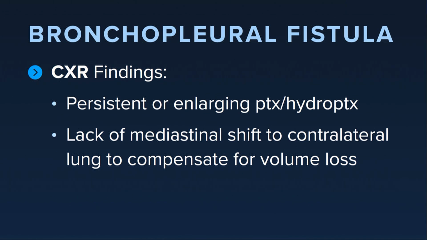On chest x-ray, you see persistent or enlarging pneumothorax or hydropneumothorax, and often there's going to be a lack of mediastinal shift. So normally when you resect a portion of the lung, there's going to be compensatory hyperexpansion of the residual portion of that lung, and even a component of mediastinal shift to compensate for the loss of volume, which you won't necessarily see with an ongoing air leak or bronchopleural fistula.